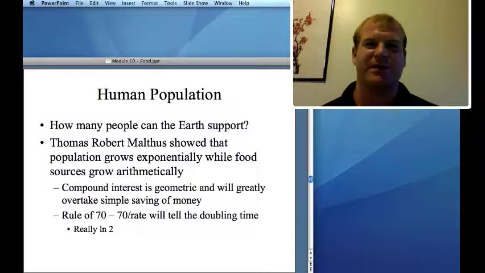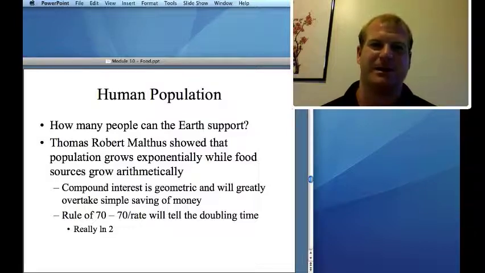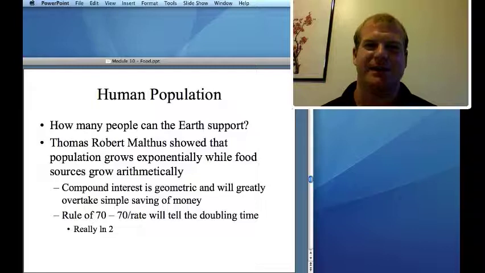So, for instance, if you get 20 bushels of corn per acre, how do you get 40 bushels of corn? Well, you plant two acres of corn, and so every single acre you step up by step. But if you look at population, my mother is one of 8 children. I'm one of 5, and on my mom's side I have 27 cousins, and among my siblings there are 8 nieces and nephews.